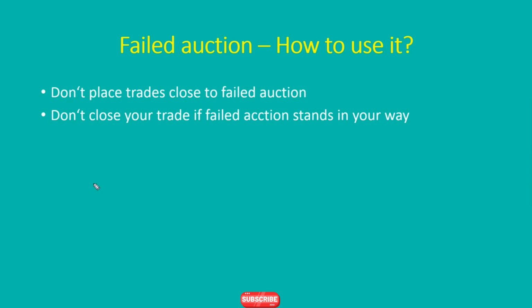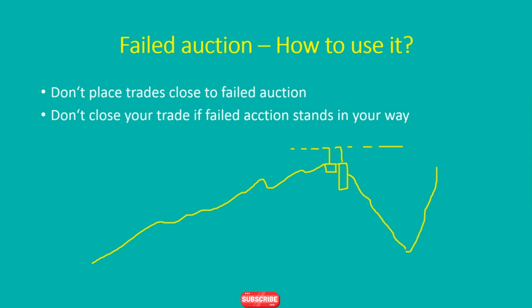Let me show you one more example. Let's say that there is an uptrend, then there is a failed auction, those two candles, and at the same price level, then the price goes downwards, returns back, and afterwards it's very likely that the price will test above this line, above the failed auction.